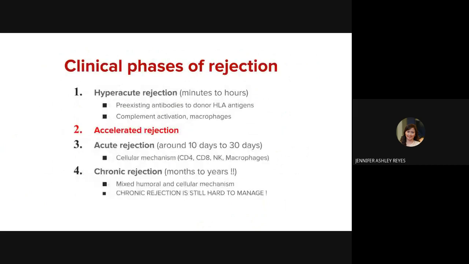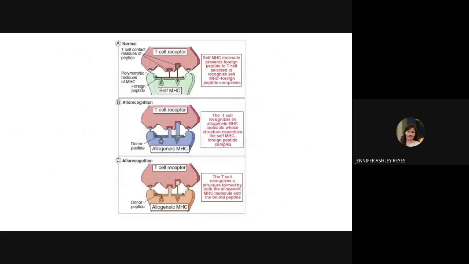Okay, so these are the different clinical phases of rejection. Ulit, hyperacute, accelerated, acute, and chronic. So here is another presentation of normal allorecognition, indirect and direct recognition.